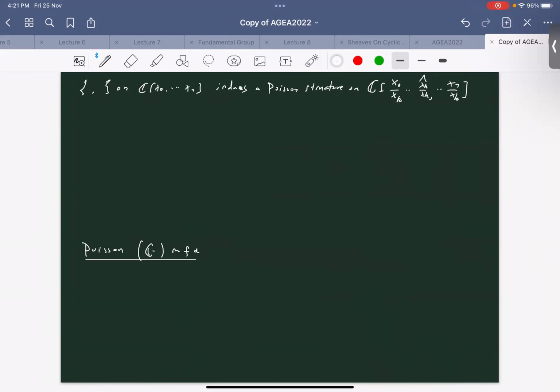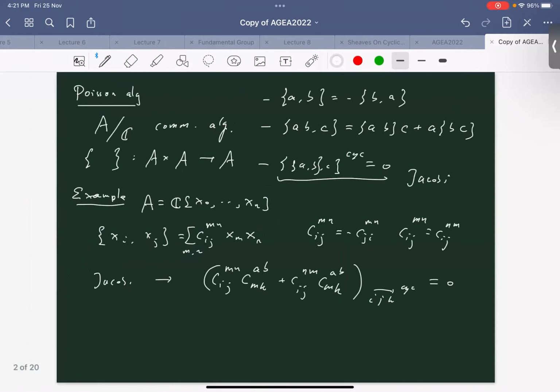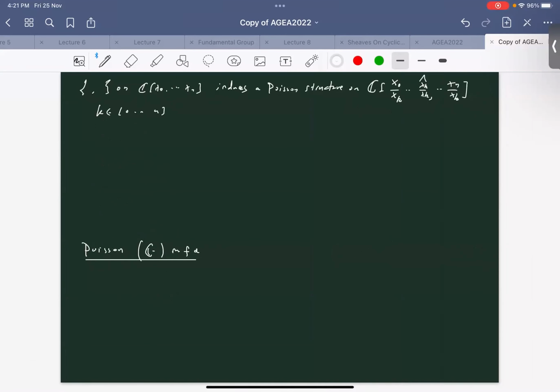So I pick a k from 0 to n, and then I dehomogenize the polynomial. I divide, just like the way we write down the local coordinates on P^n. I claim that the bracket that I defined previously indeed defines a Poisson bracket on this polynomial ring. This is an easy calculation.